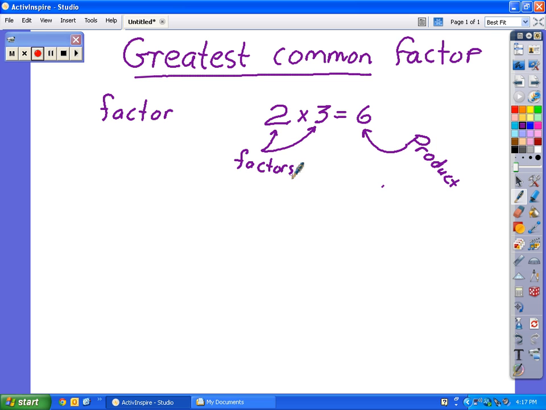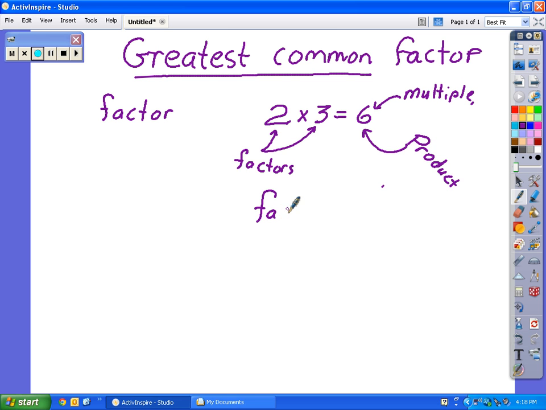Another thing, we can say that 6 is a multiple of both 2 and 3. So we can call that 6 a multiple of 2 or 3, or we can call it a product of 2 and 3. But 2 and 3 are the factors.